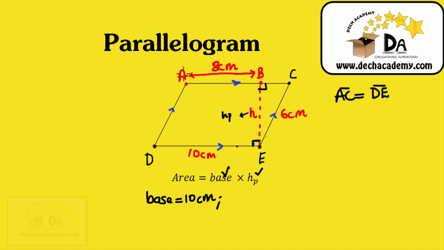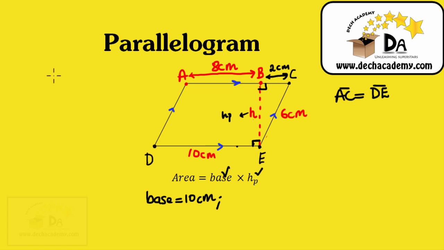This means that BC must have a length of 2 centimeters, because AB plus BC must be equal to the length of DE. So if from A to B is 8 centimeters, then from B to C we must have 2 centimeters, so the length of side AC will be 10 centimeters.